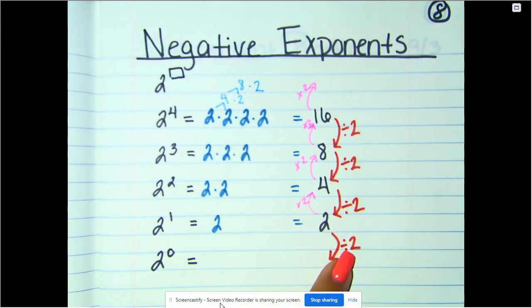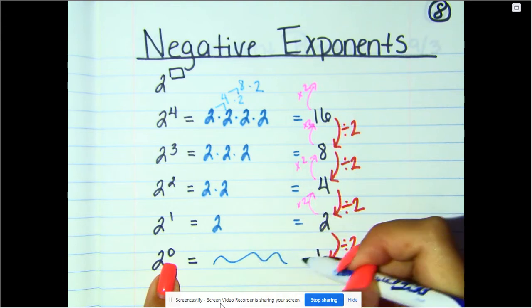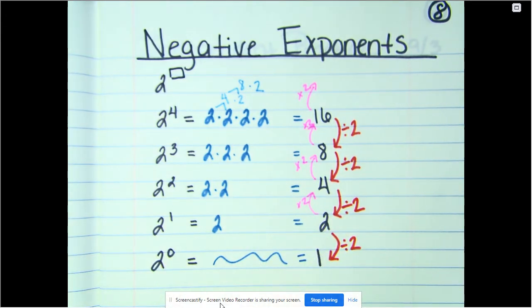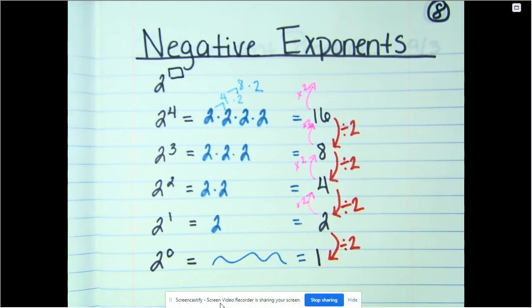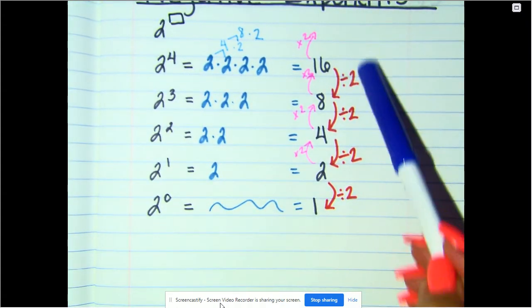So 2 divided by 2 is the number 1. So there's this exponent rule, exponent law, that anything raised to the 0 power is going to equal 1. So we can't put anything out there because it's 0. There's no 2's, but it does equal 1. And again, we are able to discover that by the pattern in math that we saw.